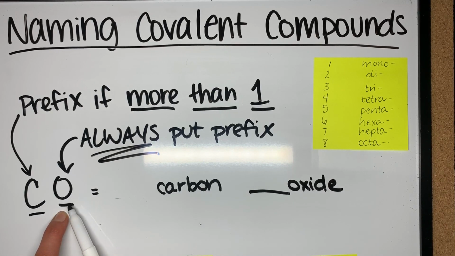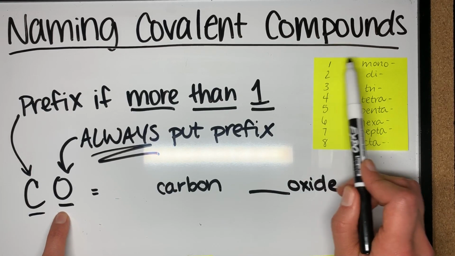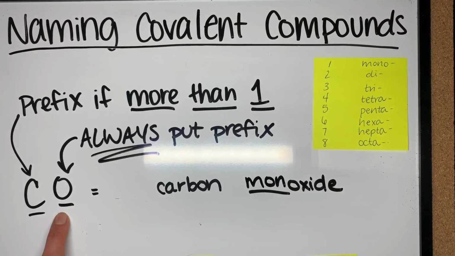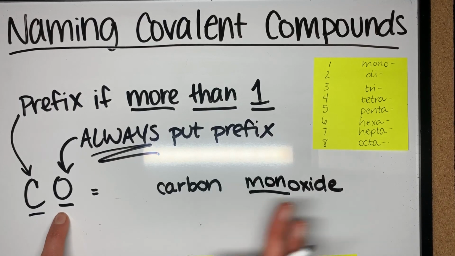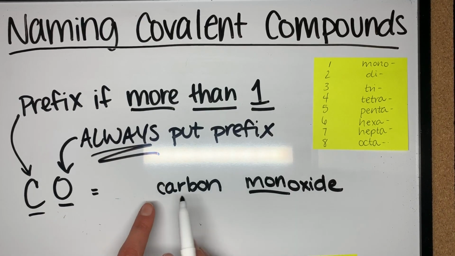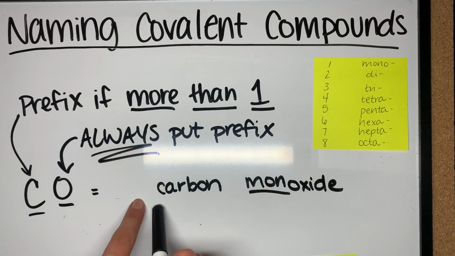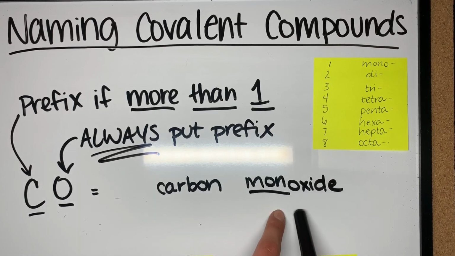We have 1 single oxygen, so we go to our table. 1, the prefix is mono. And I'm actually not going to put that extra O in just so that it sounds better. That's how it's done. So this becomes carbon monoxide. Remember, no prefix if there's 1, always a prefix.